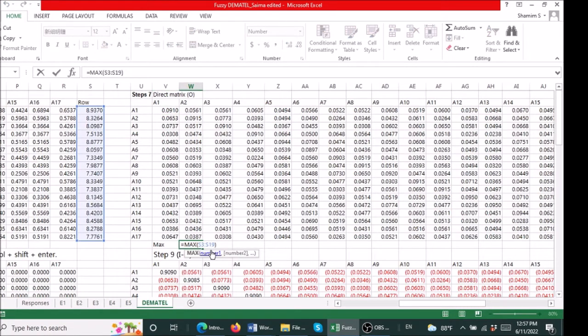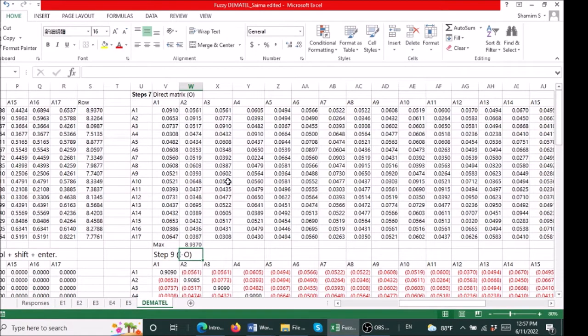Max comes from the maximum value: equal to max of this one, right?